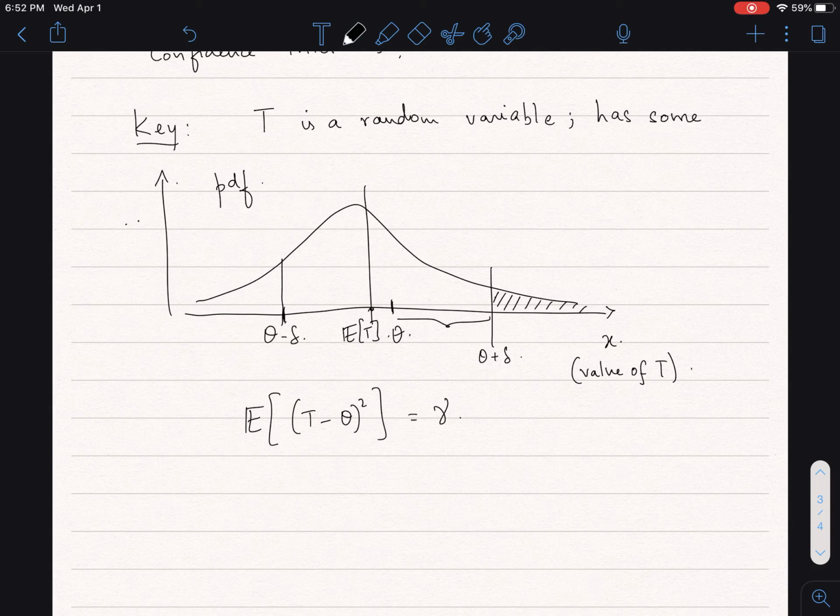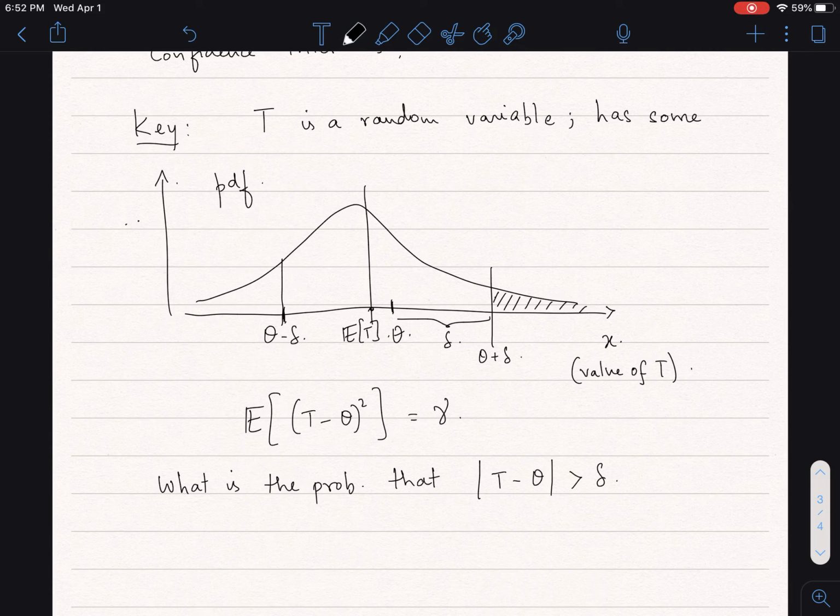Delta is some length that I'm fixing, and I'm asking: what is the probability that the absolute value of t minus theta is more than delta?